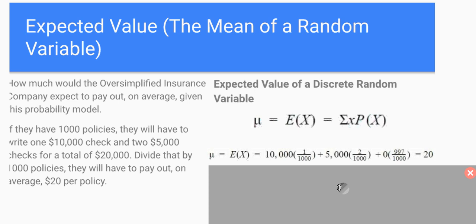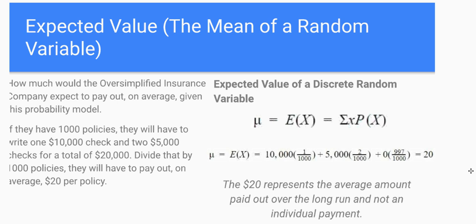There's a 1 out of 1,000 probability of writing a check for 10,000. There's a 2 out of 1,000 probability of writing a check for 5,000, and a 997 out of 1,000 probability of writing a check for nothing. Those are the only outcomes. We find those products and add them together.